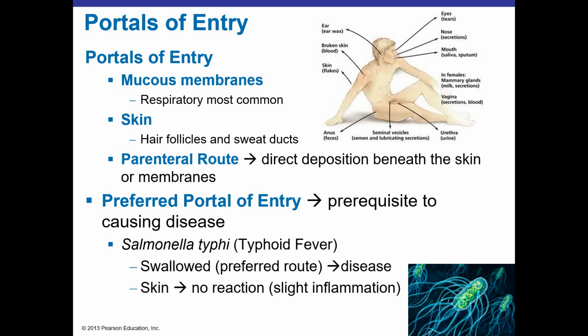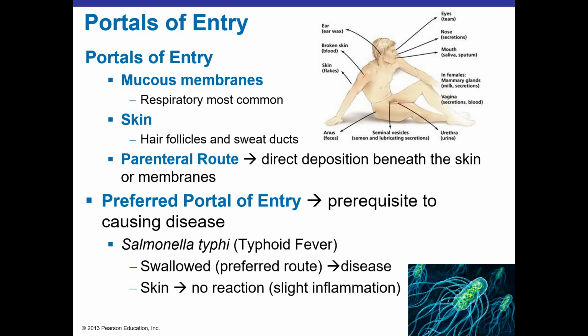Each organism has a preferred portal of entry, and that's pretty much the prerequisite for them being able to cause the disease. For example, Salmonella typhi is the causative agent of typhoid fever, a nasty GI disease. We talked about that with Typhoid Mary, and it causes what is referred to as dysentery, a bloody diarrhea.